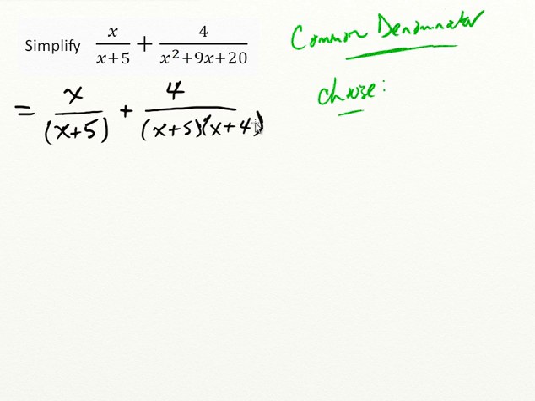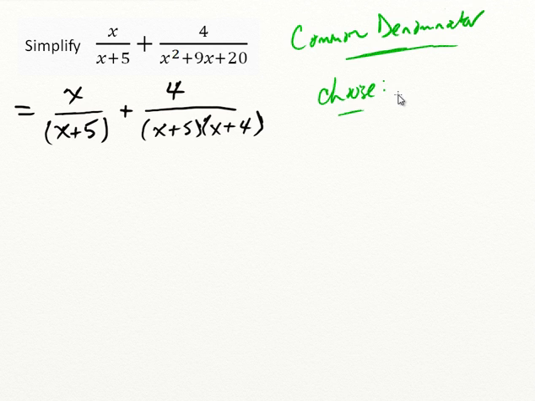Okay, so what do I choose as a common denominator? Well, I notice that the first fraction has the denominator of x plus 5, and the second fraction has an x plus 5 and an x plus 4.